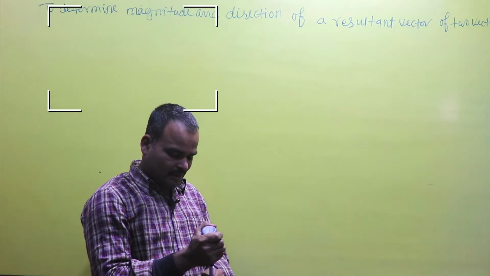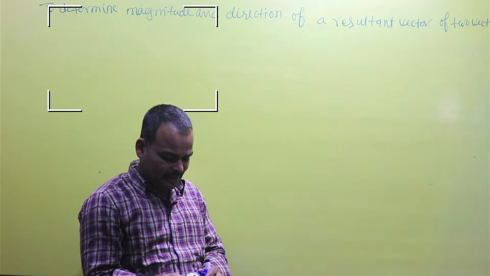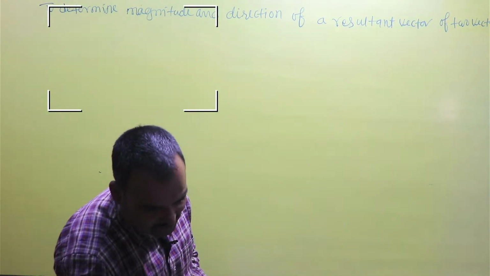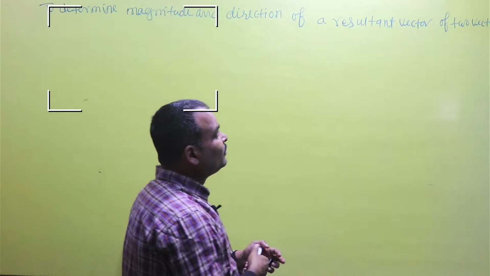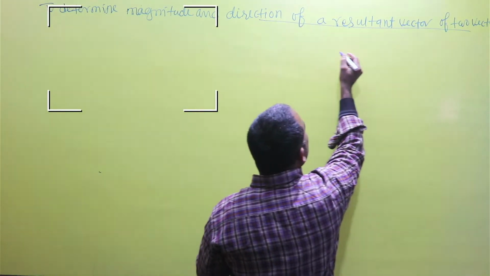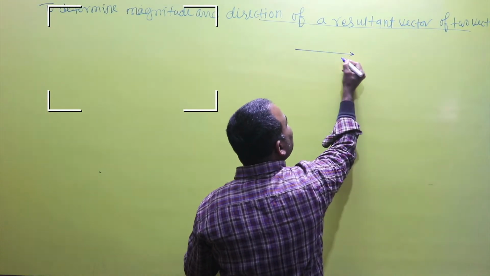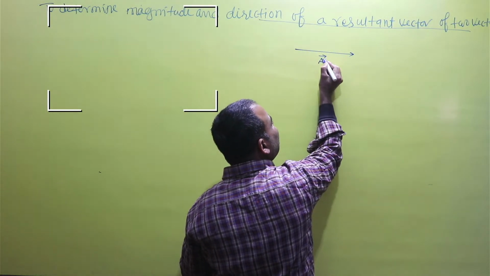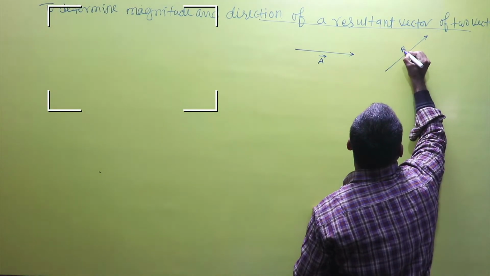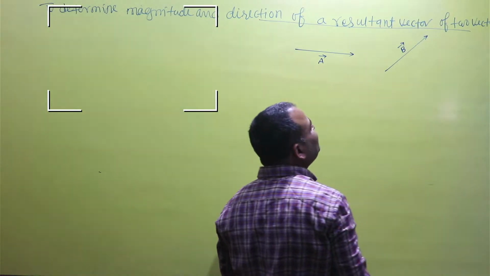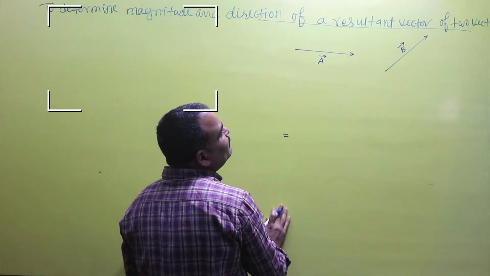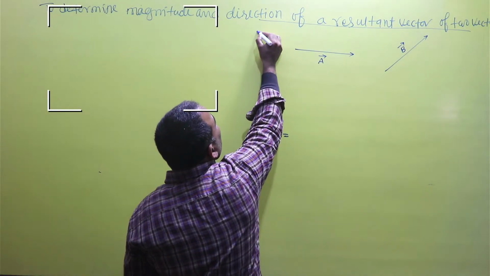We have two vectors and we have to determine the resultant of the vectors and the direction of the resultant. So let it be given that this is vector A and this is vector B. By triangle law of addition, we see.